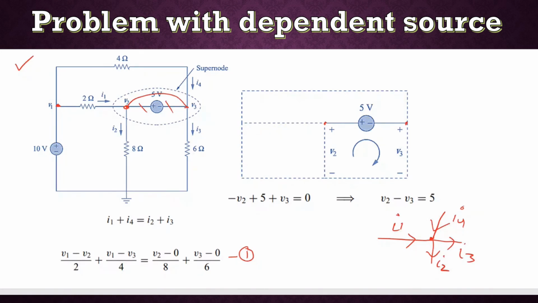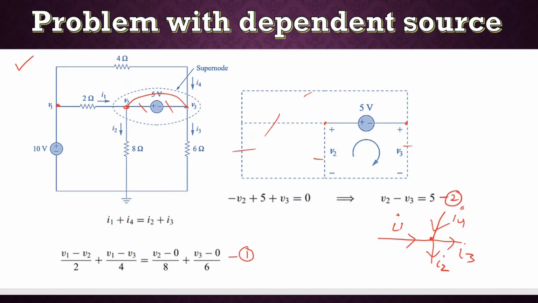So again you keep the 5 volts here and remove all the elements: this 2 ohms, this 10 volts, this 8 ohms and this 6 ohms are all removed, and only this 5 volts is kept. Apply KVL in this loop: minus V2 plus 5 plus V3 is equal to 0. So V2 minus V3 is equal to 5. This is equation number 2.